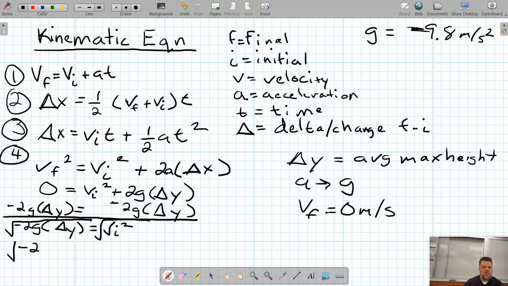So it's going to be the square root of 2 times g times delta y equals vi. Now, you've got to remember that g is negative, because that negative times this negative makes it a positive, okay? And this is how we're going to find our answer, okay?